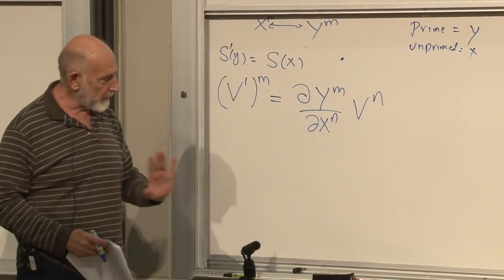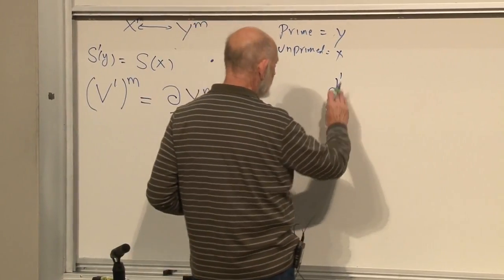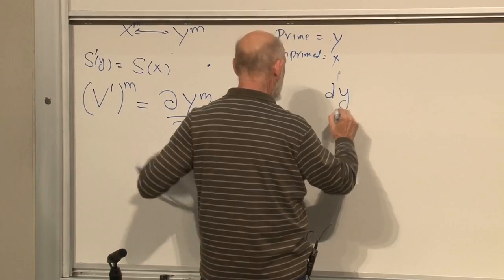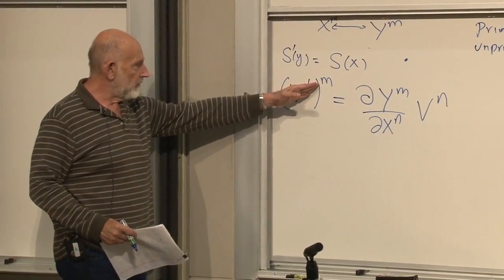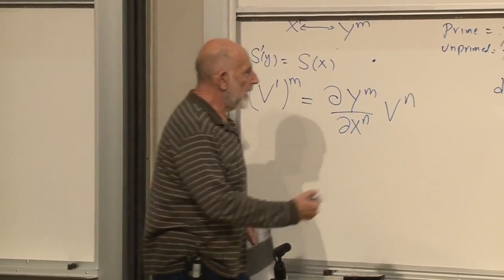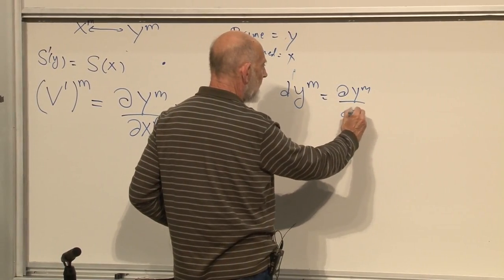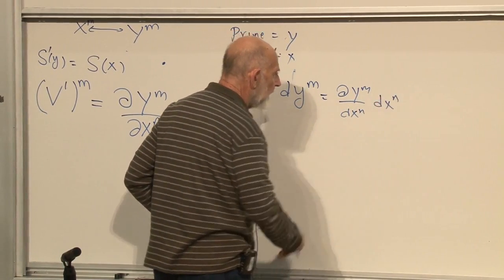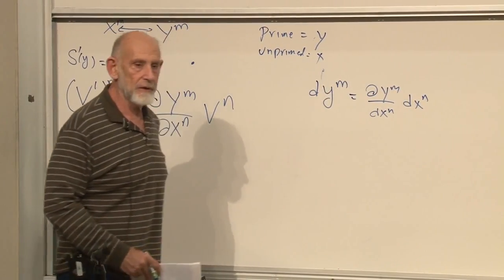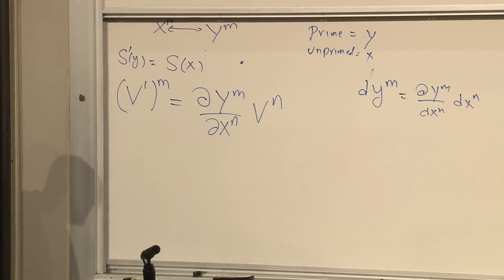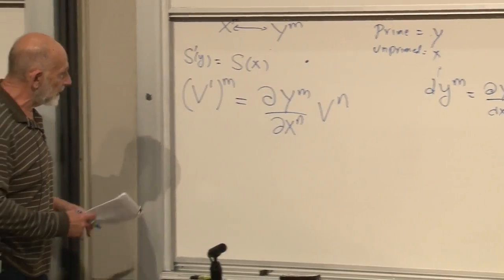An example is d prime, just dy^m. That would be the primed version of a little interval, is obviously equal to dy^m/dx^n times dx^n. So this is sort of the archetype of a contravariant vector component, and you can see that it in fact transforms in exactly this way.